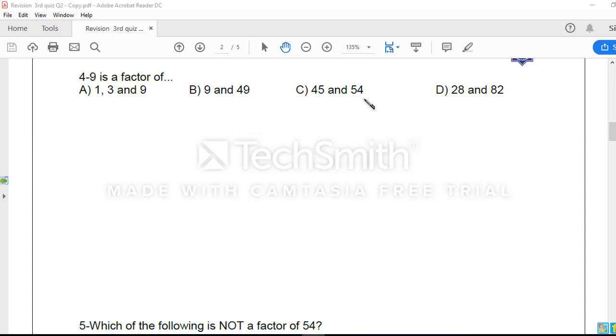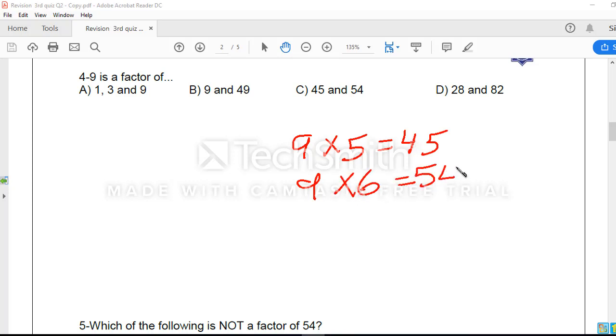But 54, do we have 54? Actually, yes. 9 by 5 gives 45, and 9 multiplied by 6 gives you 54. So we can use 9 as a factor of 45 and of 54, so it's going to be choice C.